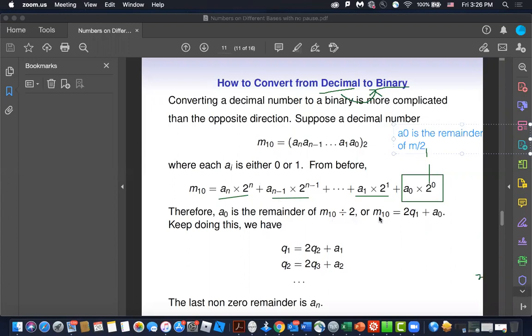So if we write this, the decimal m is 2 times some quotient q1 plus a remainder a sub 0. Then we can keep going, saying that a1 will be the remainder of q1 divided by 2.